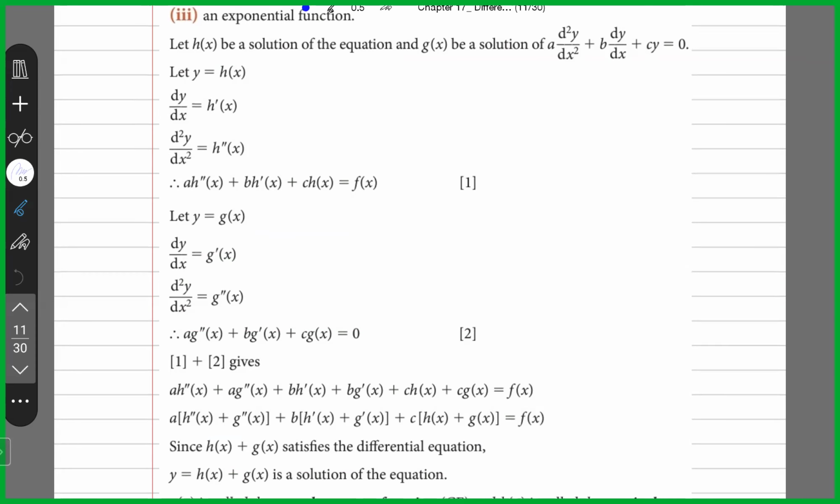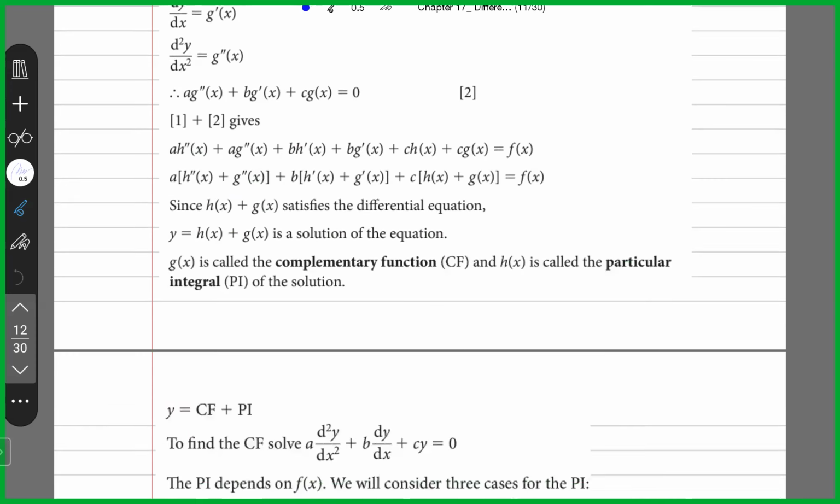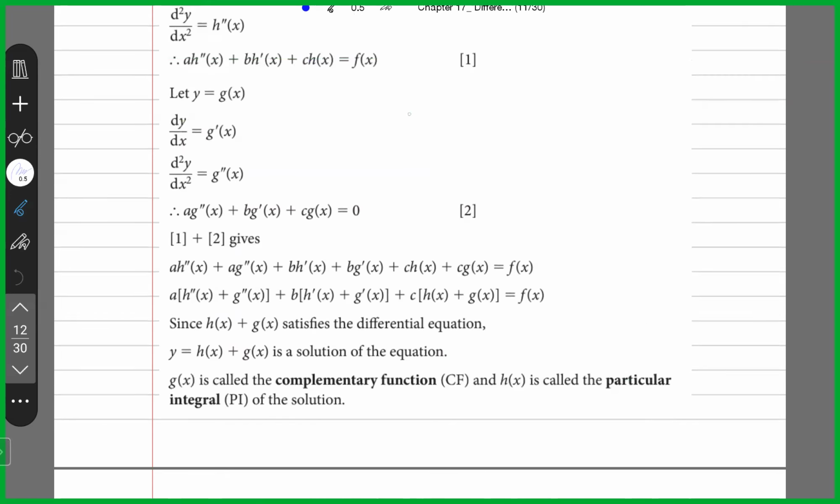Now remember that y is equal to h of x is the solution of a d2y by dx squared plus b dy by dx plus cy is equal to f of x, and that y is equal to g of x is the solution of the homogeneous part.